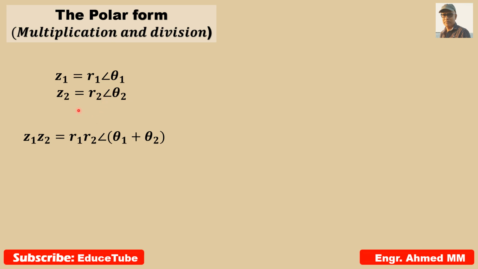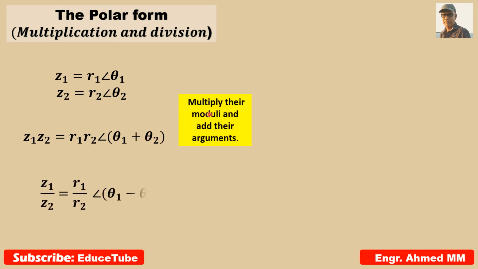It is simple multiply and divide. So if we multiply, it takes this form. Seeing this equation, we can say multiply their moduli and add their arguments. Look at R1, R2, the moduli. Multiply these two and add these two arguments. That is the multiplication.